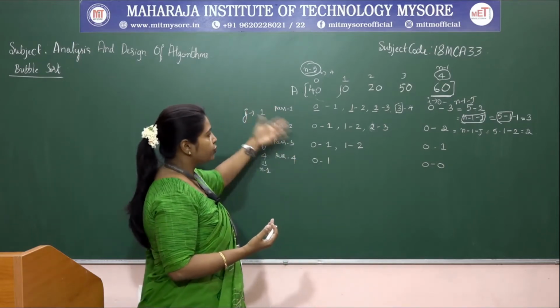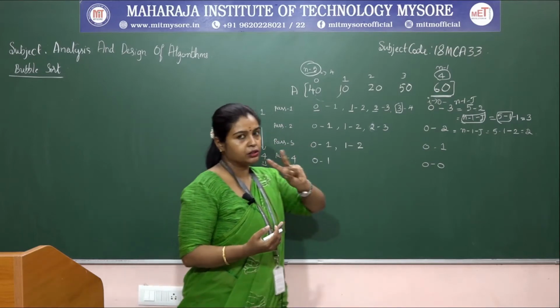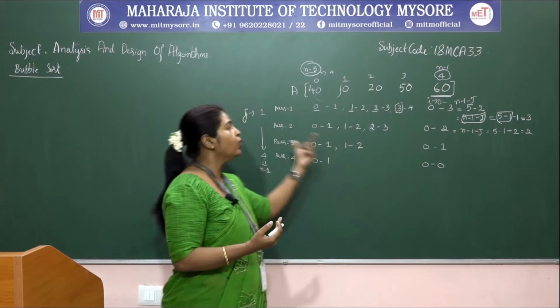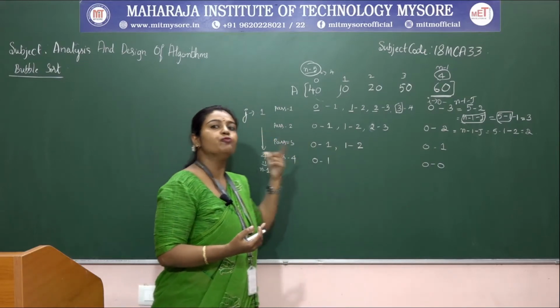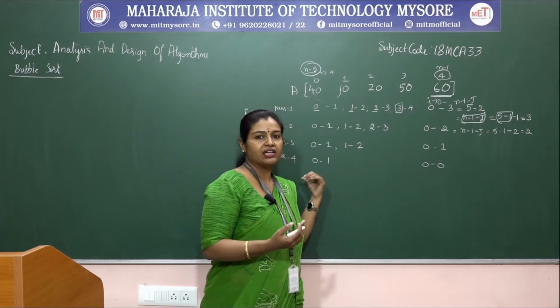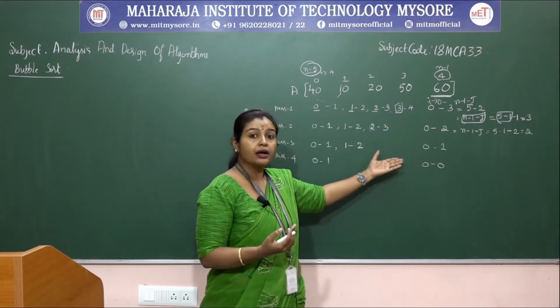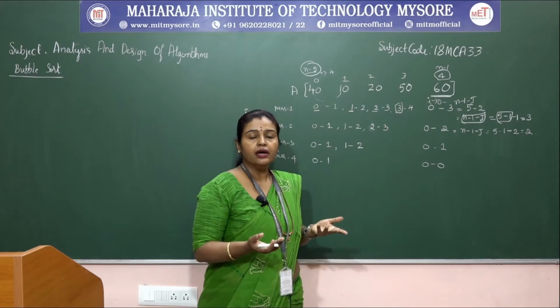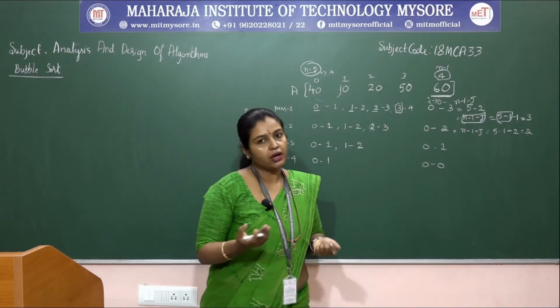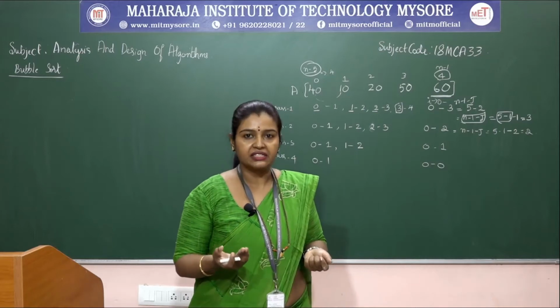So for that you required what? The comparison. For comparison we require one index value, and to represent the number of passes we require one more index value. Let us call that one j, and for that comparison let me take the index value as i. Okay, since we are playing with arrays, definitely we require index values, right?